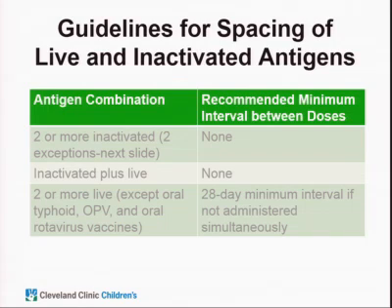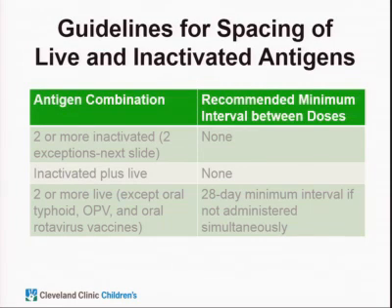So anytime you are giving 2 or more inactivated vaccines, there is no recommended minimum interval between the 2 doses. So you can give inactivated vaccines, 2 of them at any time without there needing to be an interval of time in between. There are 2 exceptions which I'll talk about.